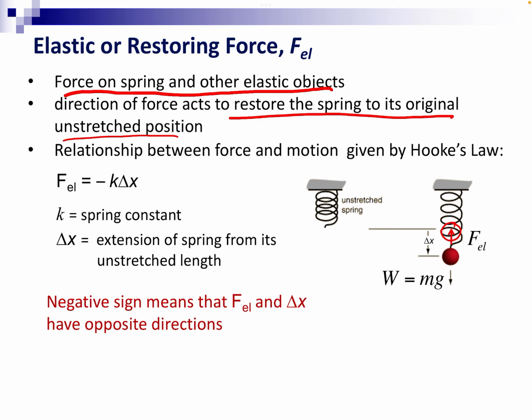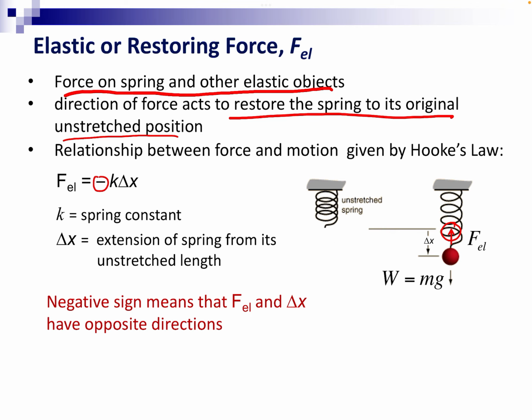Okay, so because of this opposition, you can see here in this equation for the elastic force a negative sign. The negative sign means that the elastic force and the amount of stretch or the extension of the spring have opposite directions. Okay.